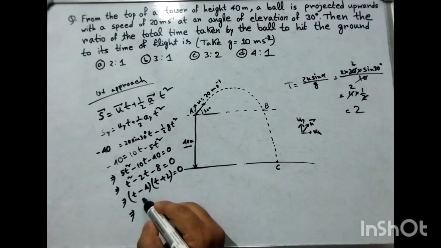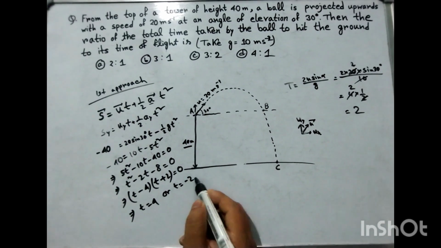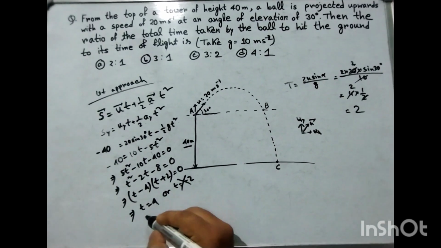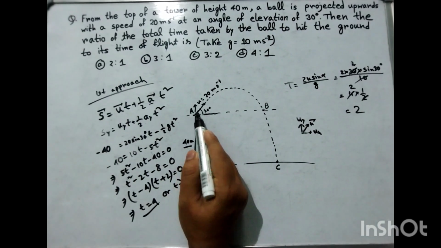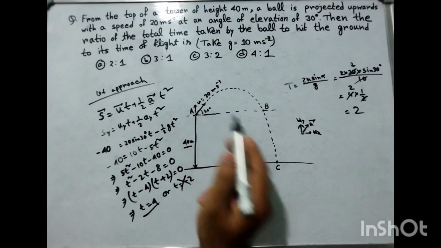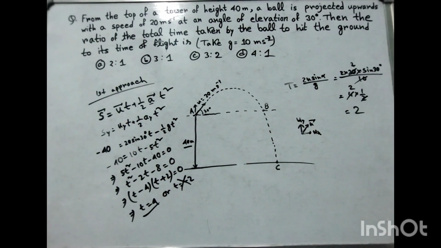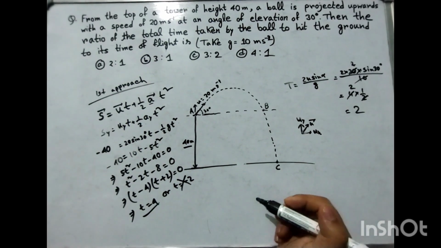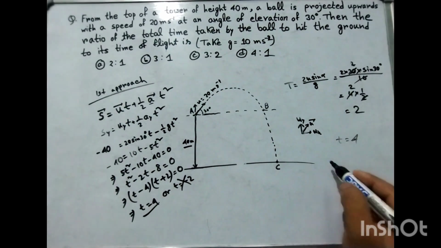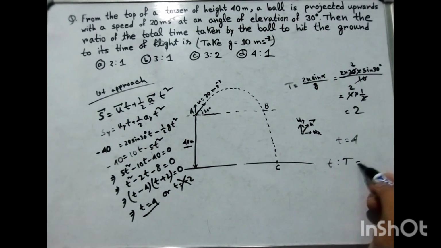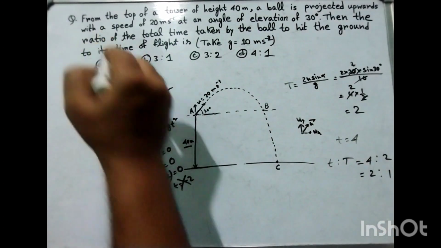So now either t is equal to 4 or t is equal to minus 2, but this is not acceptable because time cannot be negative. The time taken for the particle from A to C cannot be negative, so t is equal to 4. And we have to find t is to capital T, that is 4 is to 2, that means 2 is to 1. So this is our answer.